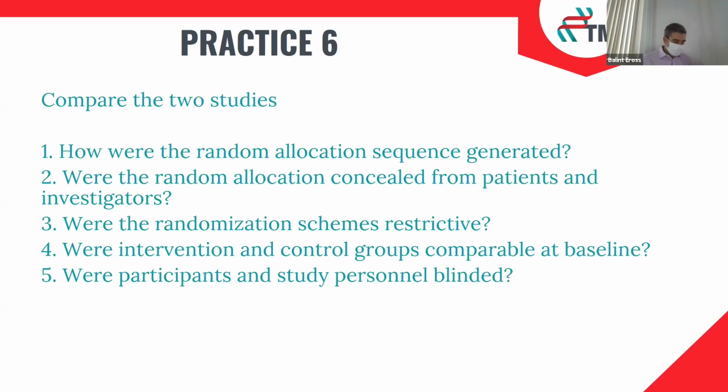Sadly, we can barely hear you, but what I would like to say here is that it's enough to read the titles of the articles, because one of them says open label phase 2 multi-center randomized control trial, the PLACID trial for the COVID-19 patients in India.